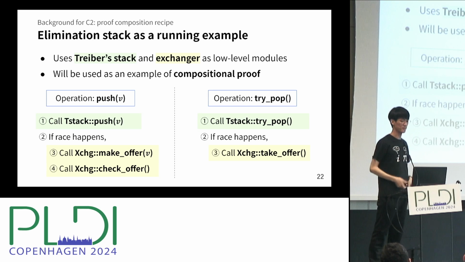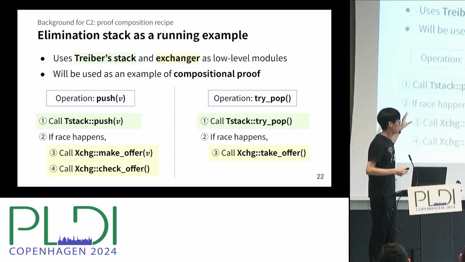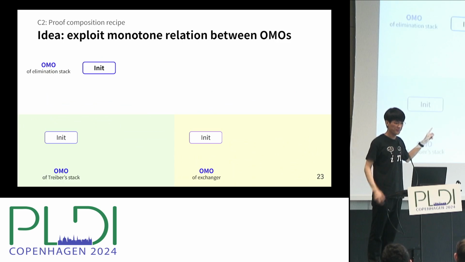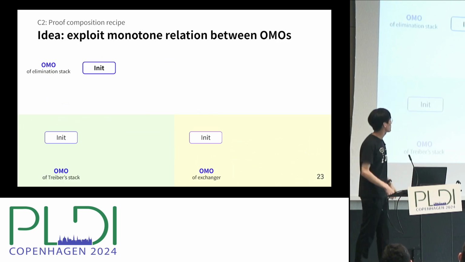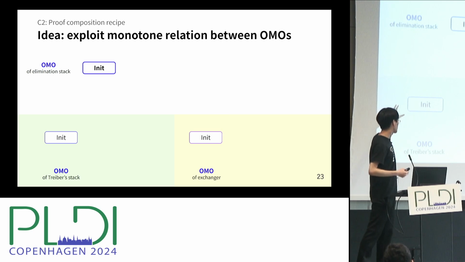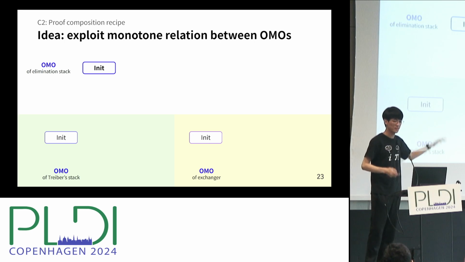Using this example, I'm going to present how we can verify this elimination stack in a compositional manner. In other words, we are going to construct the OMO structure of the elimination stack by only looking at the OMO structures of lower-level objects.